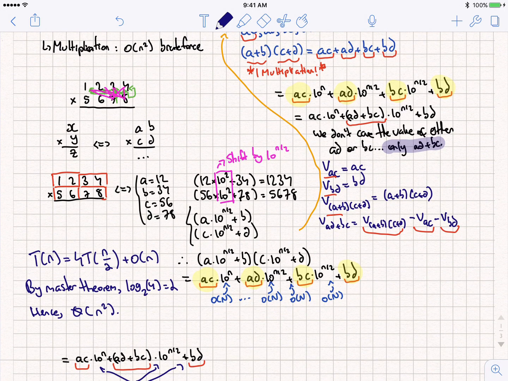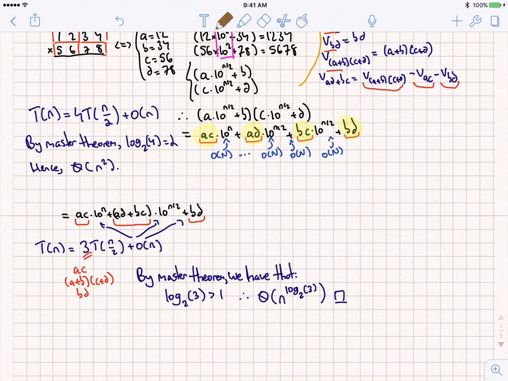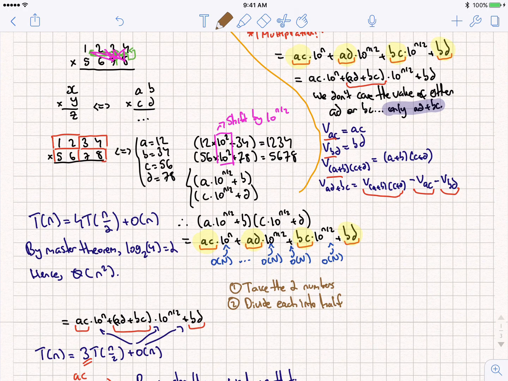So again, the steps are: take the two numbers that we're multiplying. Then we divide each into half, which is precisely what we had over here, where we divided these into halves, as you can see here.